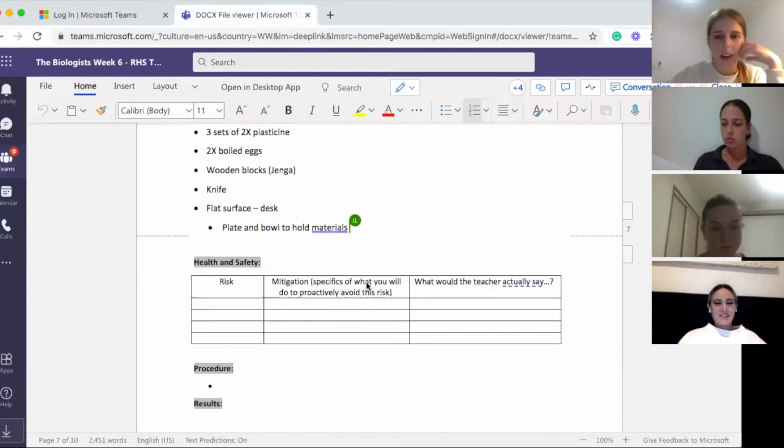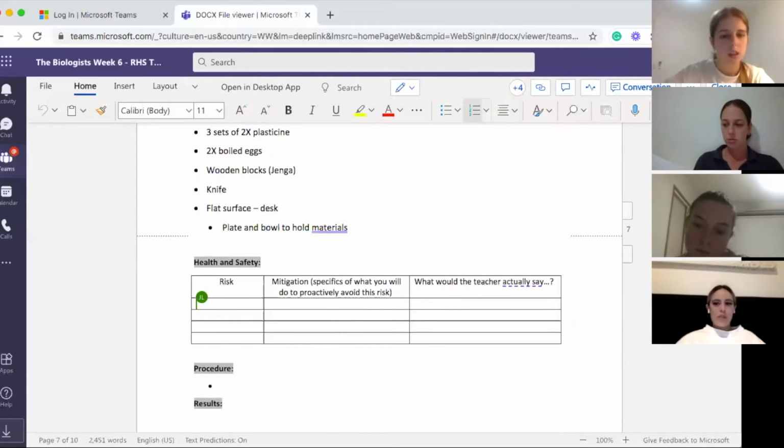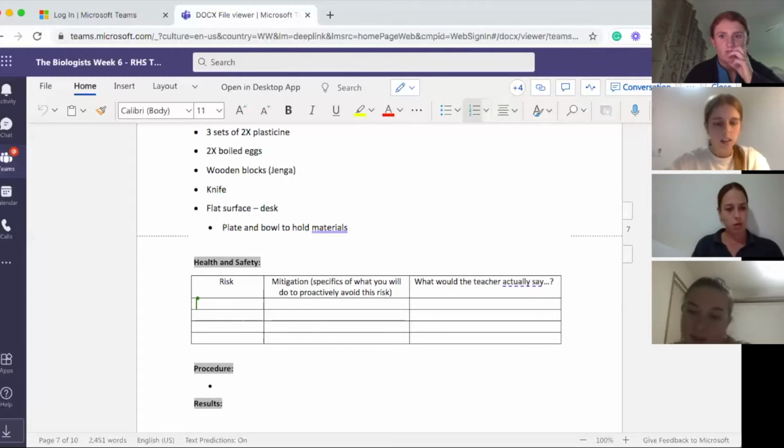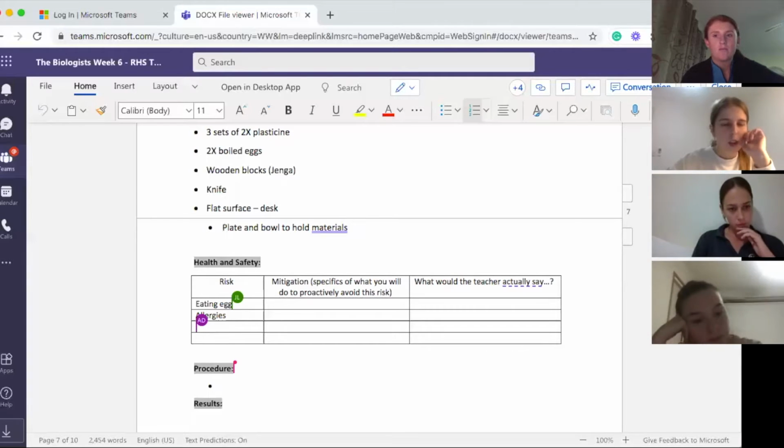And then the health and safety. So what do we think some risks are? Definitely kids eating it. Yeah, the egg, because egg is such a common allergy. I guess the sharp pieces of eggshell as well. And the knife, if you have the knife in the classroom.